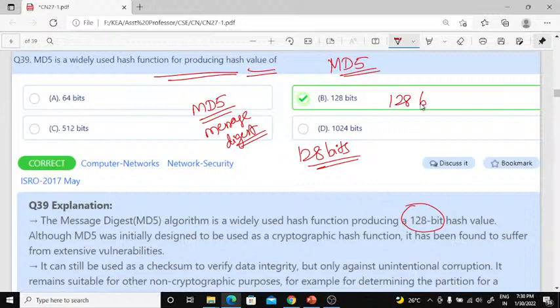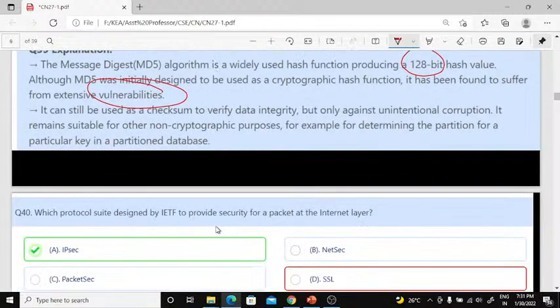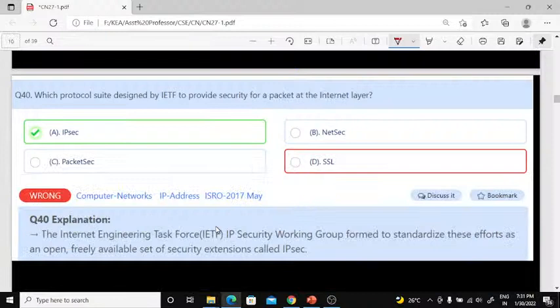It is mainly designed as a cryptographic hash function, and it has been found to suffer from extensive vulnerabilities, meaning attacks. So MD5 produces a 128-bit hash value.